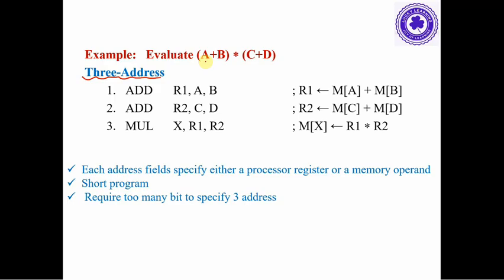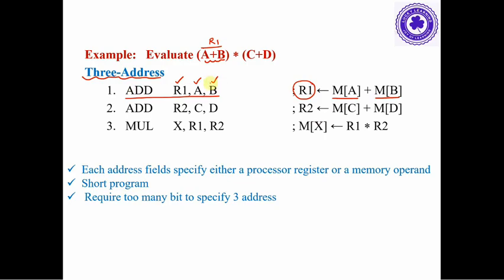What is required? First, R1 should have the result of A plus B. So we write an instruction add R1 comma A comma B. What does it mean? Memory at address location A is added with memory at address location B and the result is stored into R1. Now in this instruction we are specifying the register R1 address, A location address, B location address.